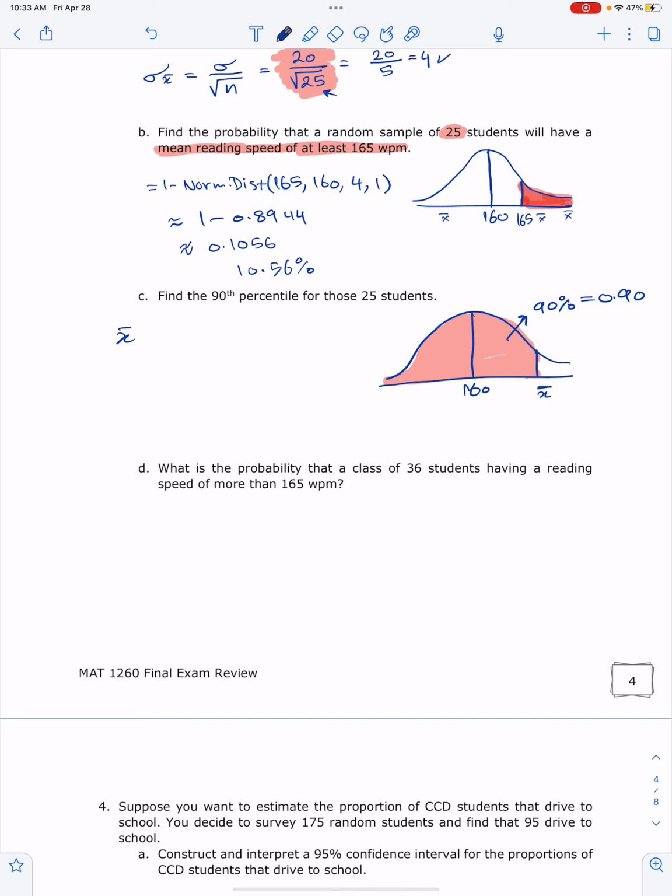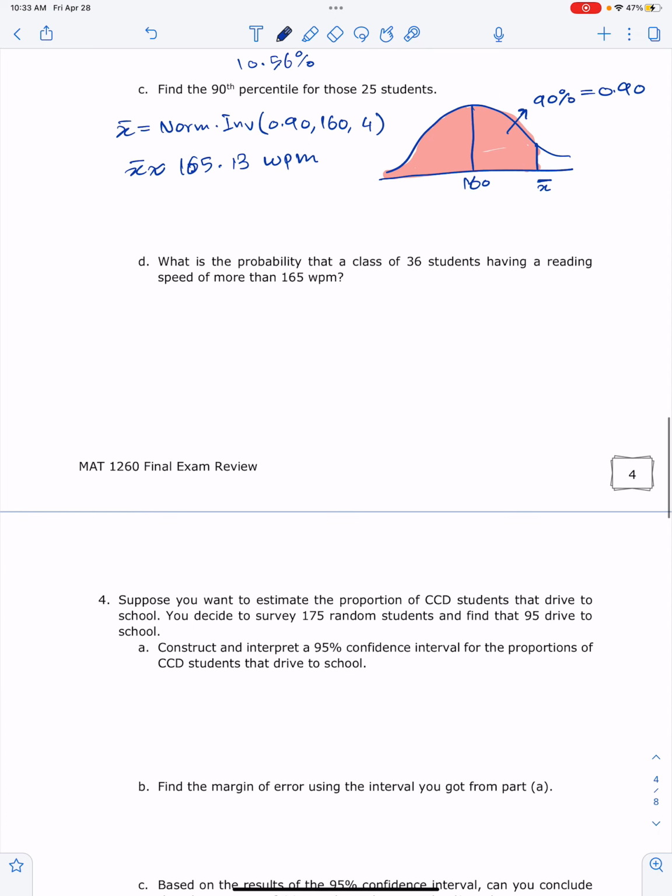So X bar in this case is equal to norm dot inverse of the percentile, comma the mean, comma the standard deviation. If you do that, X bar is approximately 165.13 words per minute. So that is the 90th percentile cutoff.